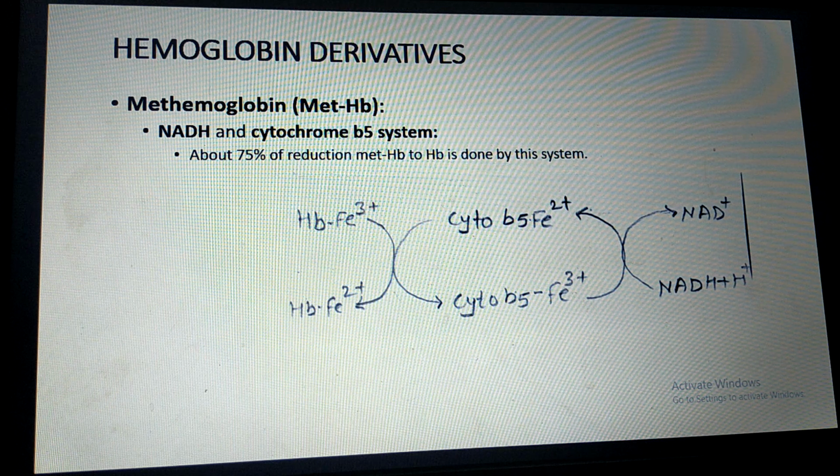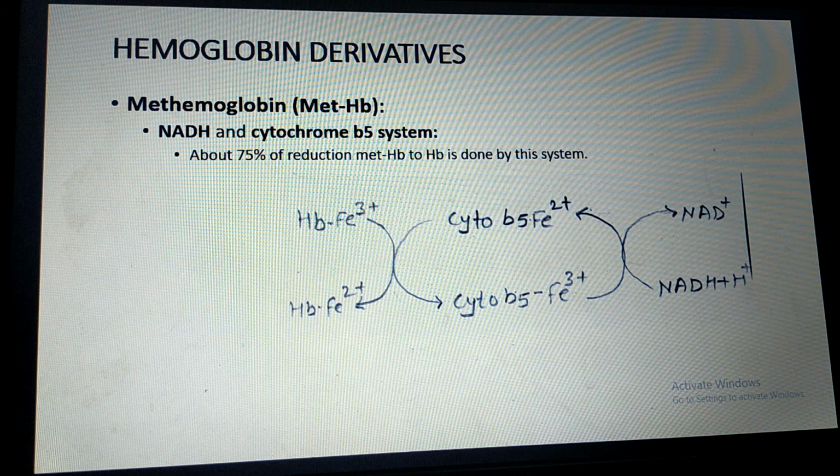So this iron of cytochrome B5 donates its electron to the ferric iron of hemoglobin and converts it into ferrous form. In this way the methemoglobin is converted into normal hemoglobin. But during that process the cytochrome B5 is also oxidized. The iron present in it is converted from ferrous to ferric form.